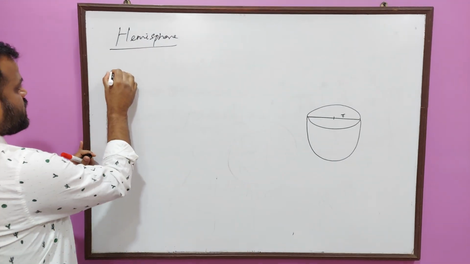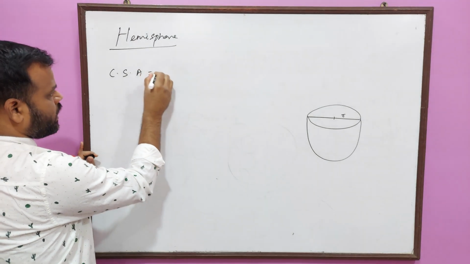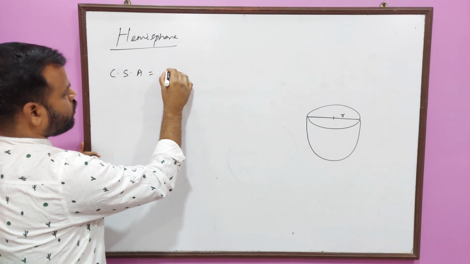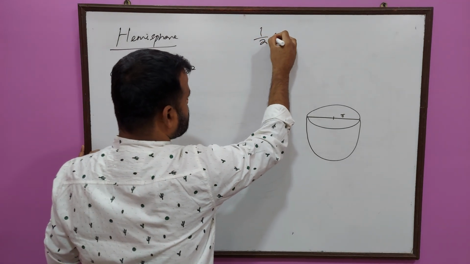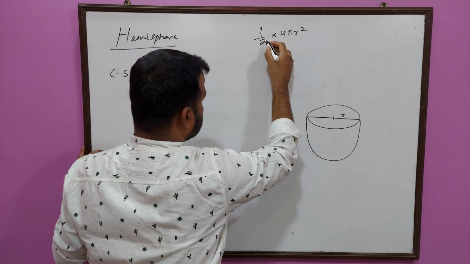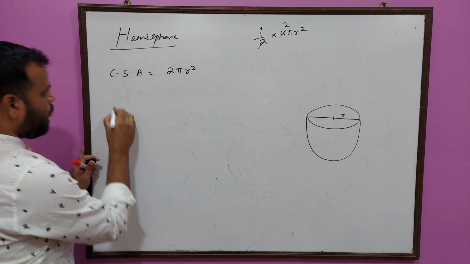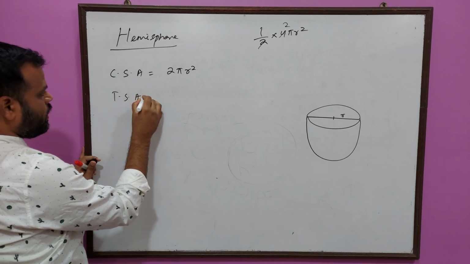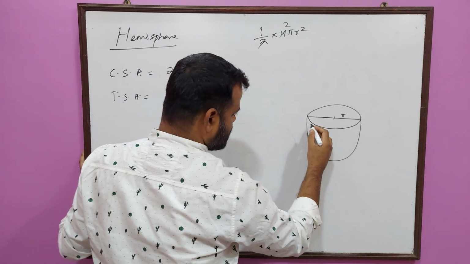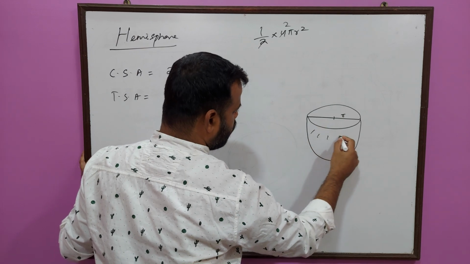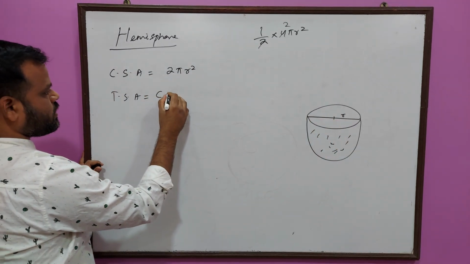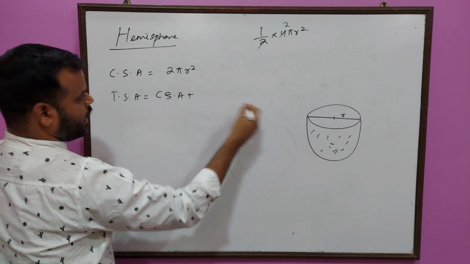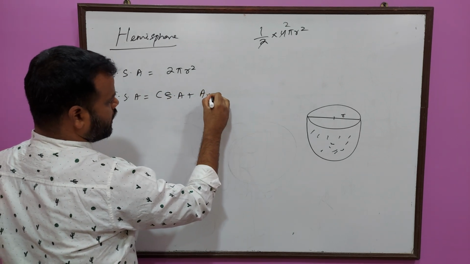So CSA of hemisphere will be 2 pi r square, which is nothing but half of a sphere, and TSA will be CSA, this yellow part, plus the flat area, means area of the circle.